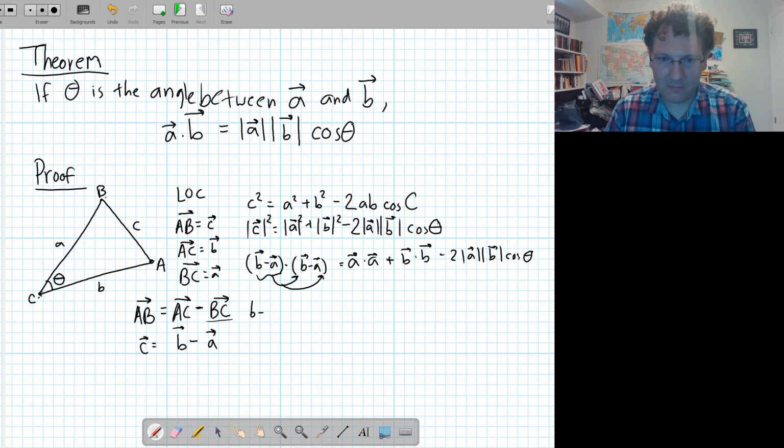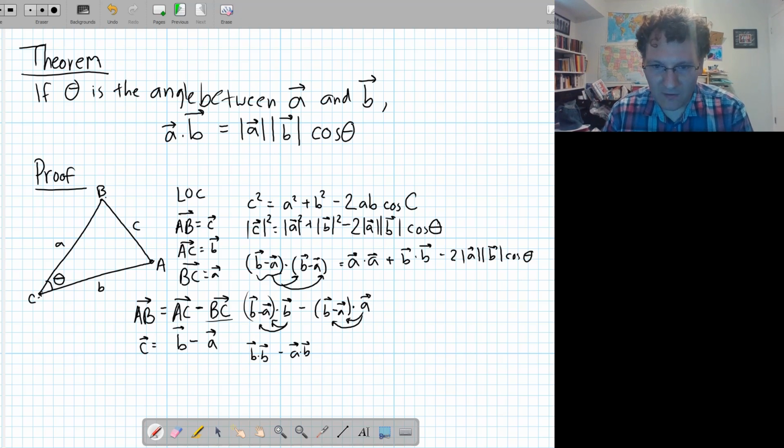So we'll have B minus A dot B, minus B minus A dot A. That's the way I'm distributing it first, and then I'm going to distribute this way to give us B dot B minus A dot B, and then we have minus B dot A, and then minus a minus, which would be a plus A dot A. And this is equal to the other side, which I'm just going to copy.